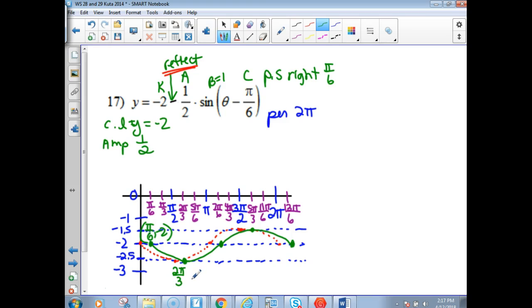I'm sorry, I wrote, yeah, no, negative 2 is correct. 2 pi over 3, that's this one, negative 2.5. 7 pi over 6, negative 2. 5 pi over 3, negative 1.5. And the last one's at 13 pi over 6, negative 2.